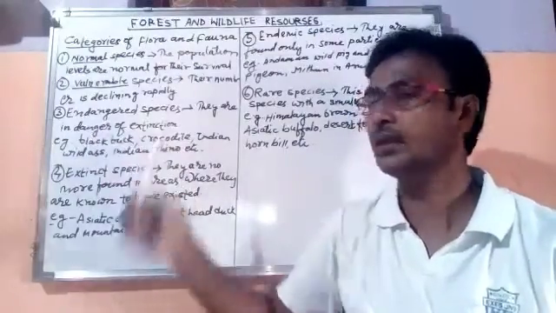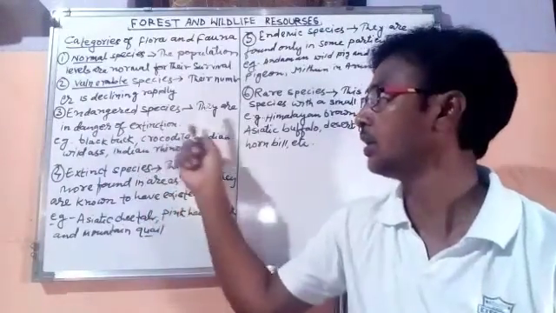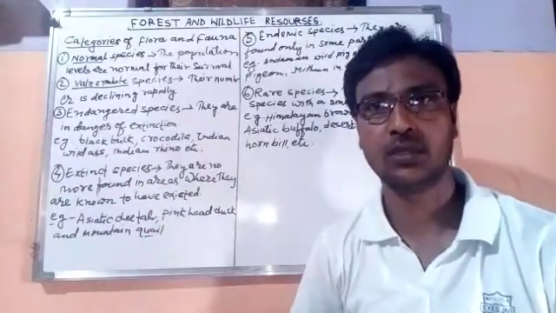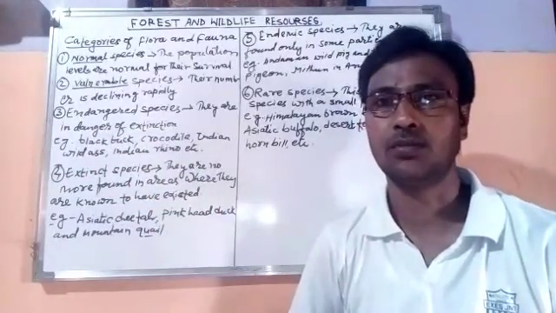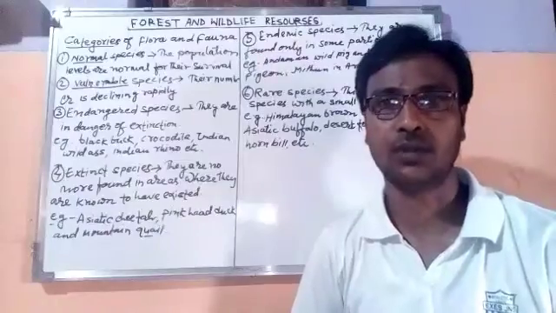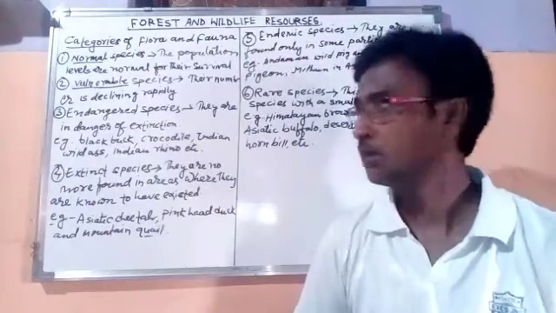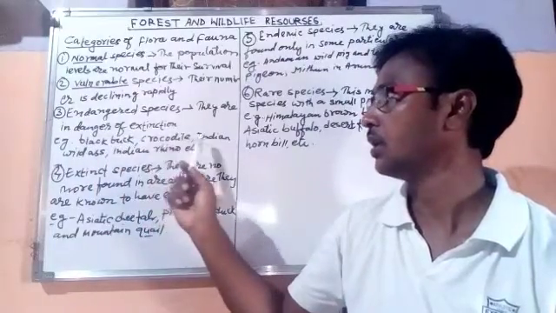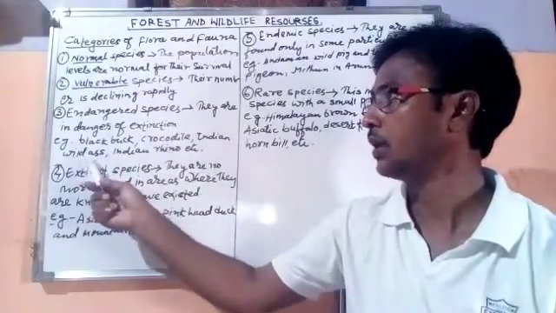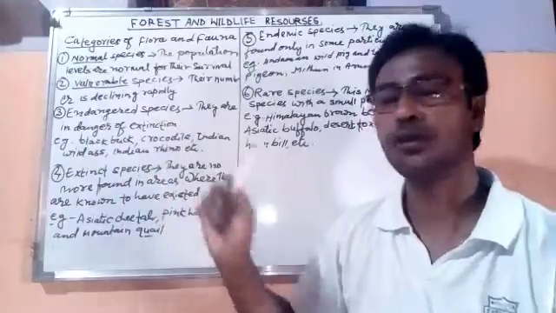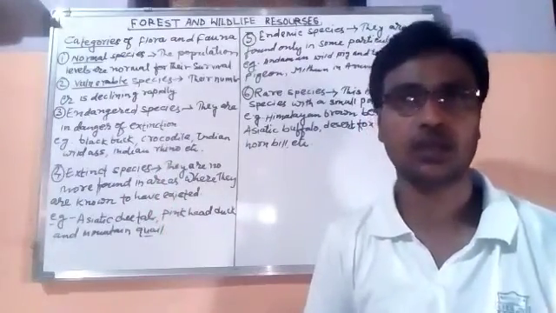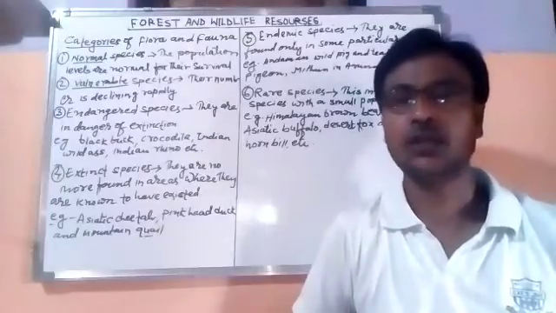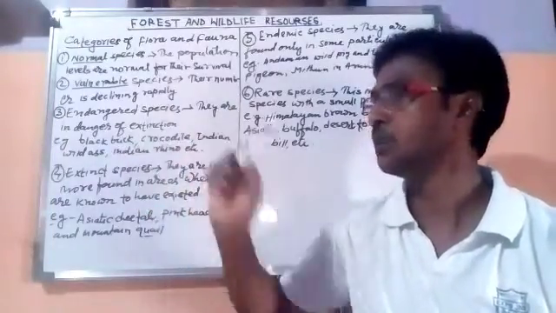They are in danger of extinction and need protection. If not protected, they will be extinct from different parts of the earth. The examples are black buck, crocodile, Indian wild ass, Indian rhino, etc. These animals are in the list of endangered species.